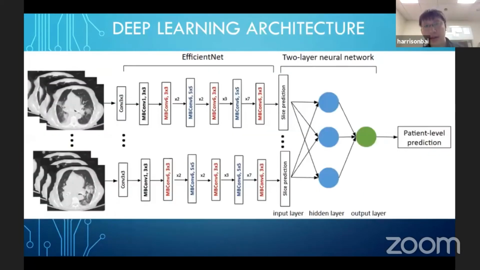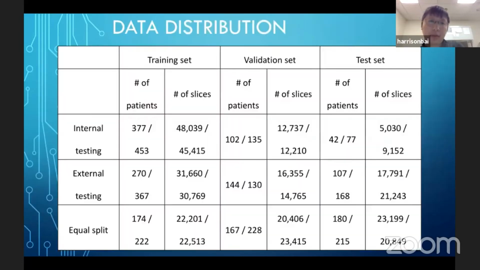So this is the deep learning architecture we used. We use what is called an EfficientNet, and basically we get slice-level predictions from each patient, and then we use a 2-layer neural network to pool the predictions from each slice to get our patient-level prediction.